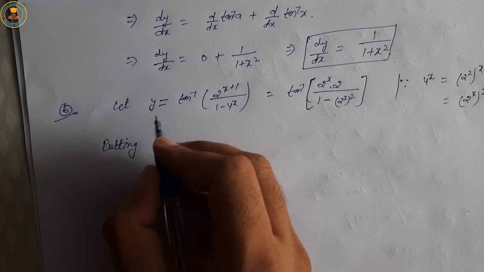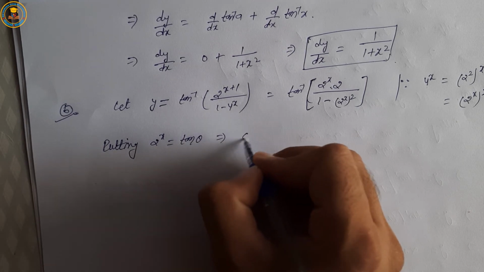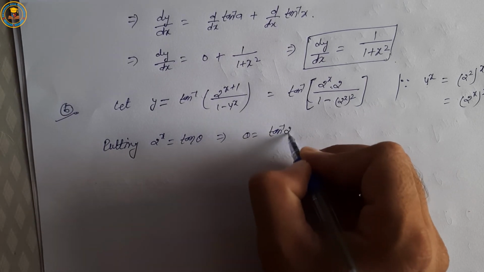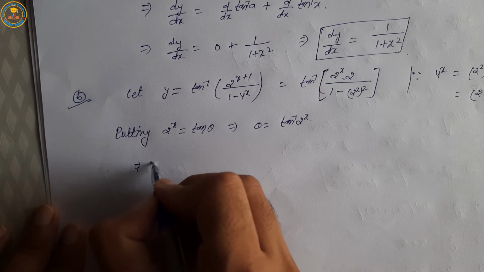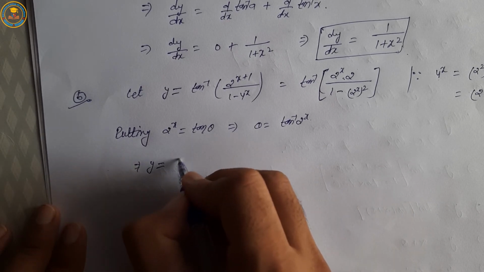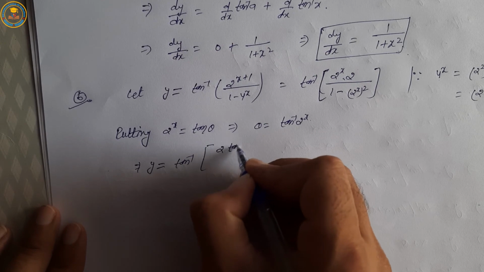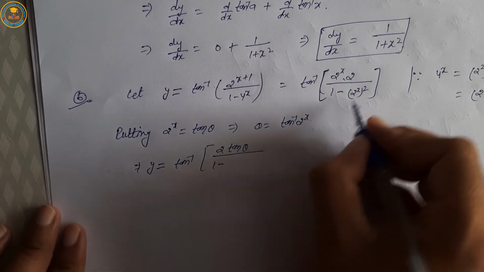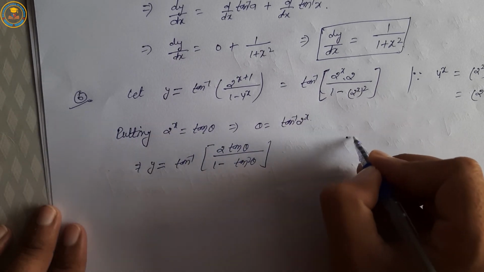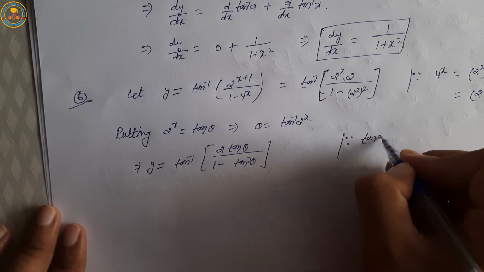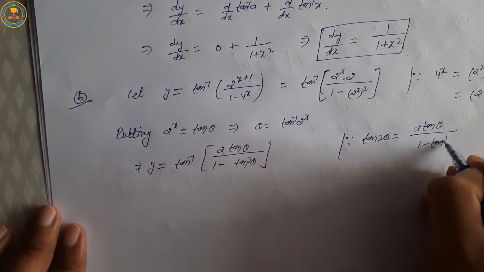Putting 2 power x is equal to tan theta, and theta is equal to tan inverse 2 power x. So y is equal to tan inverse of 2 tan theta upon 1 minus tan square theta.